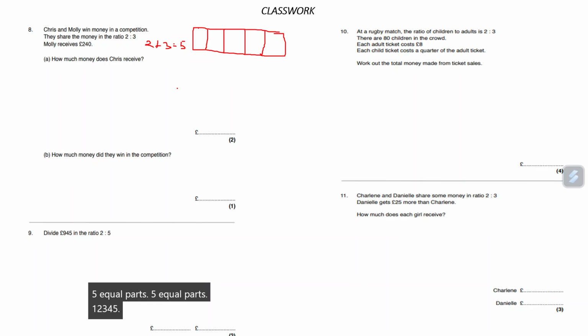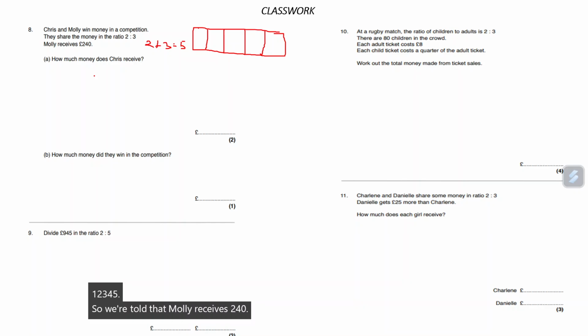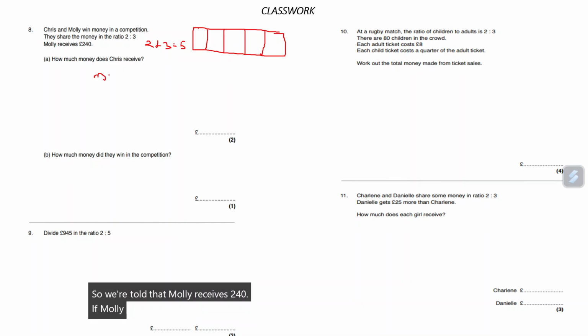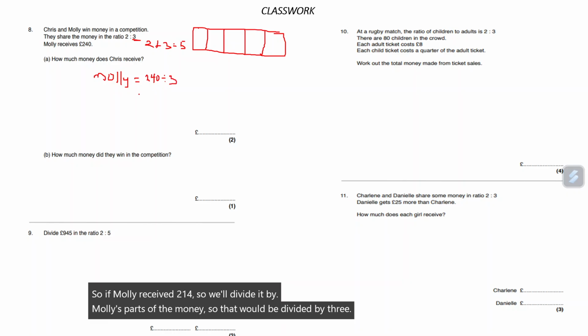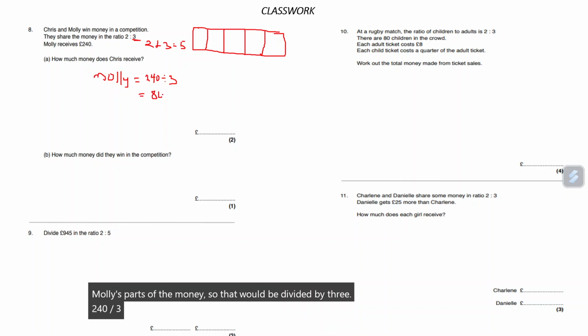So we're told that Molly receives 240. If Molly received 240, we'll divide it by Molly's parts of the money. So that will be divided by 3. 240 divided by 3 will give us 80 pounds.